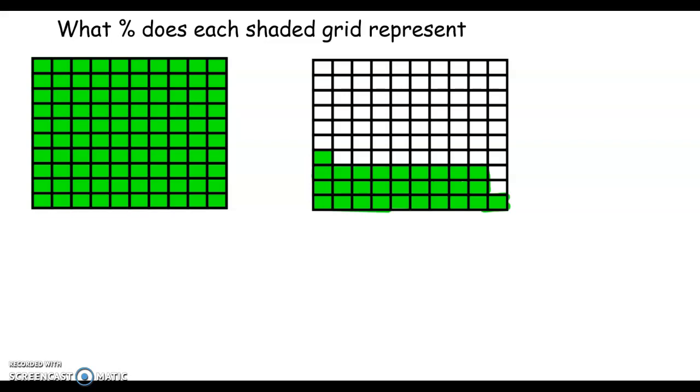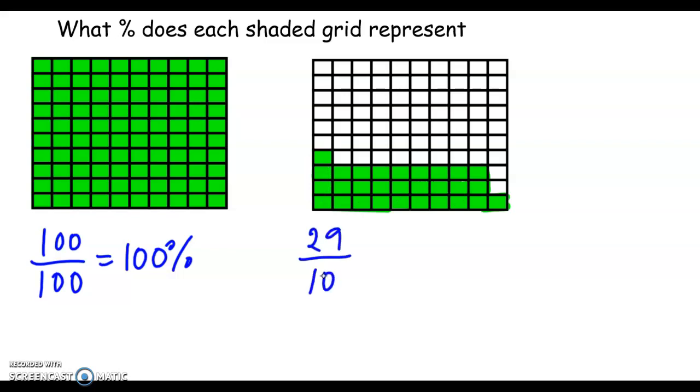What are the answers? Okay, this whole green one, 100 squares out of 100 are shaded, which is 100%. How about this one? There is 4, 5, 6, 7, 24, 25, 26, 27, 28, 29 green pieces out of 100, which is the same as 29%.